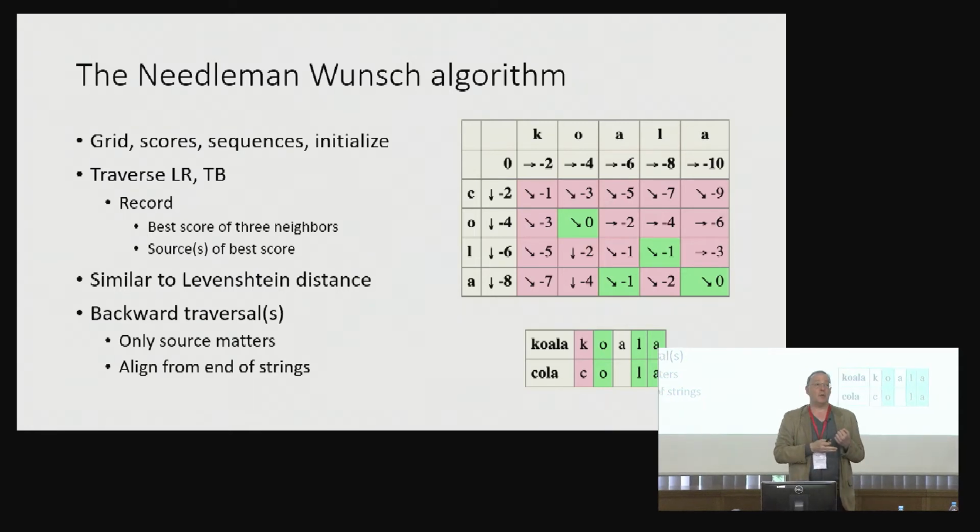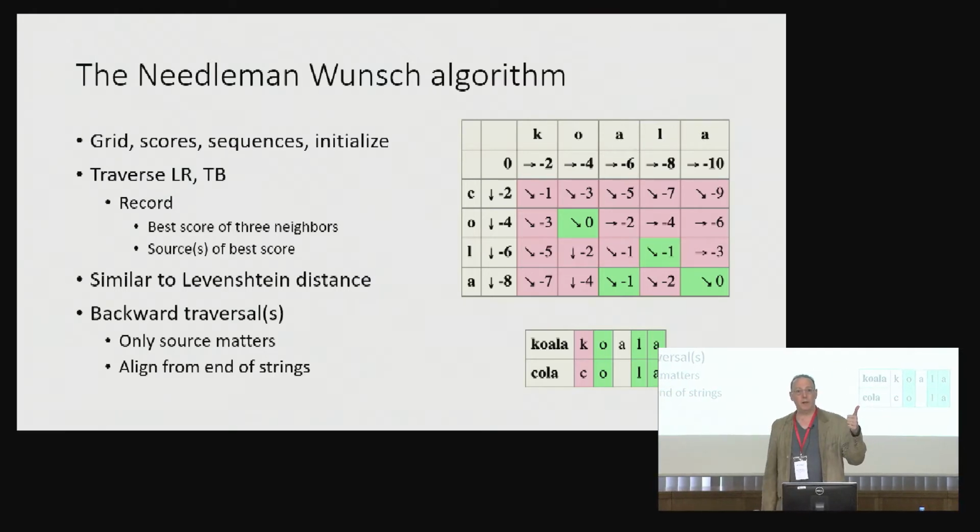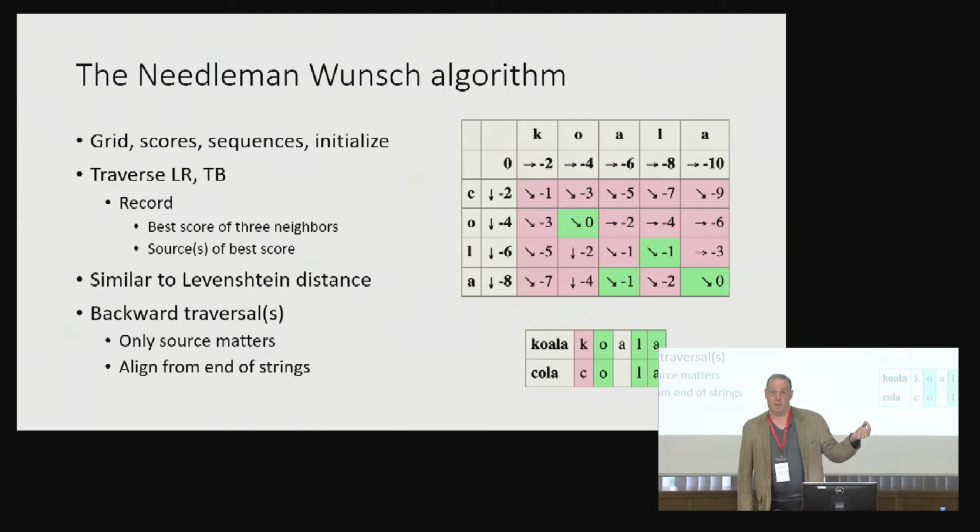I determine my scoring system. For this alignment, I have decided that a match is going to have a value of +1, a mismatch of -1, so I want to penalize the score if I have a mismatch, and a gap of -2. So I would rather have a mismatch than a gap. There are other scoring systems. There are various ways people decide on their scoring system. What I've come up with is not radical, but it's not the only way one might have done it.